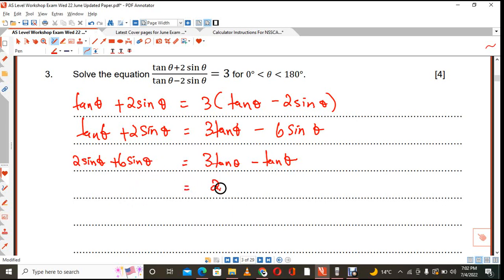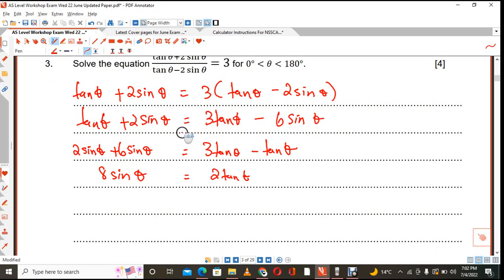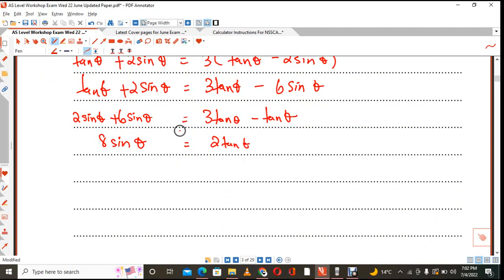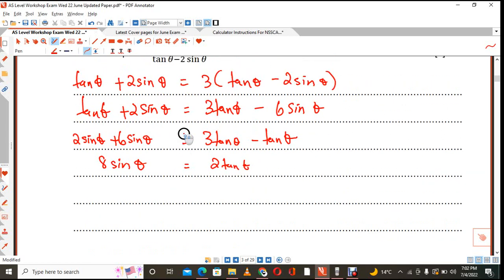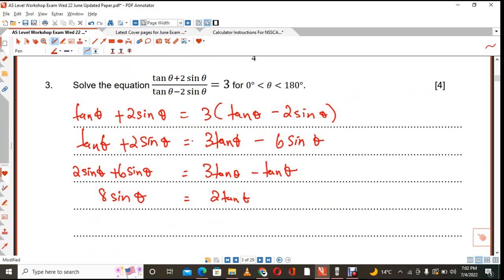So this is going to give me 2 tan theta, and this is going to be 8 sin theta. Okay, so we have it like that. So now you can actually decide to solve. You should also be a bit aware of our restricted domain here when we are solving this equation. So I'm going to come back to that when I get to solve the question here.